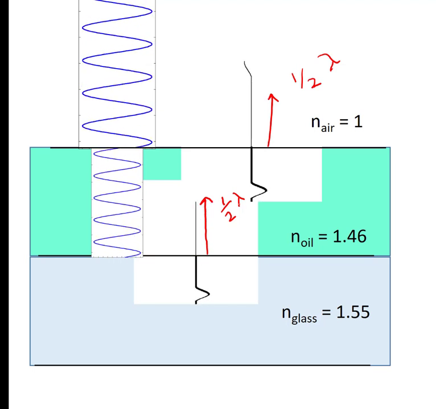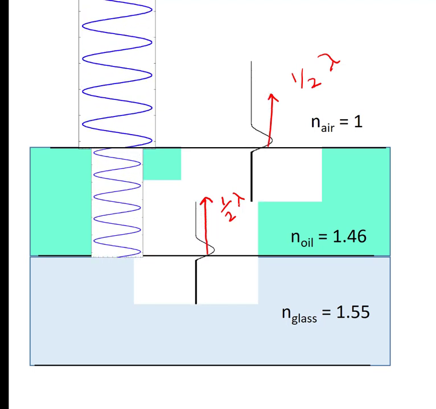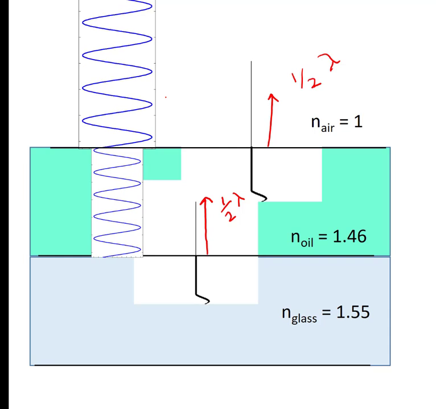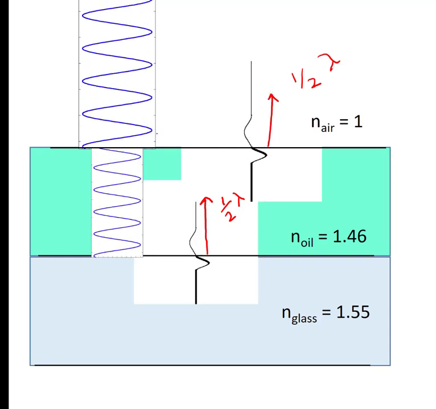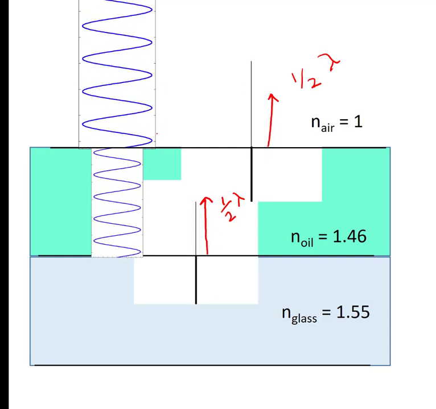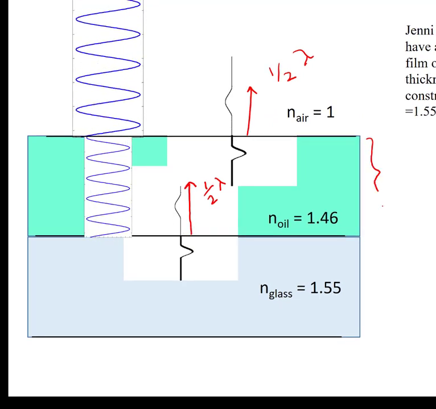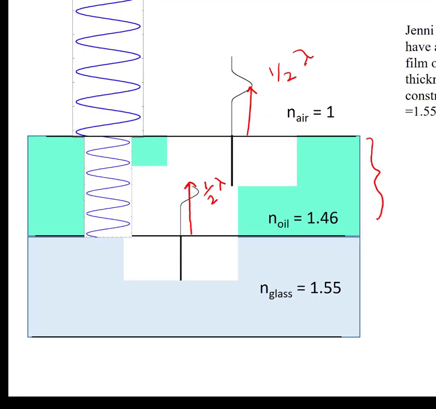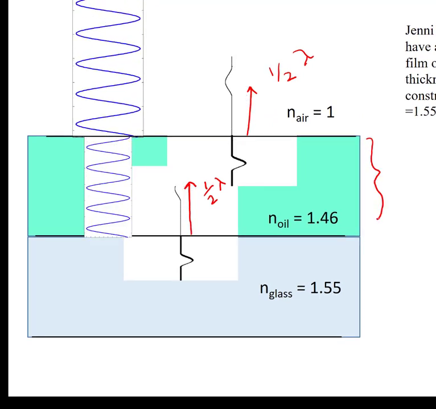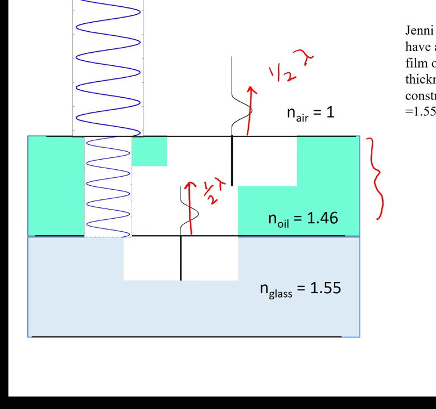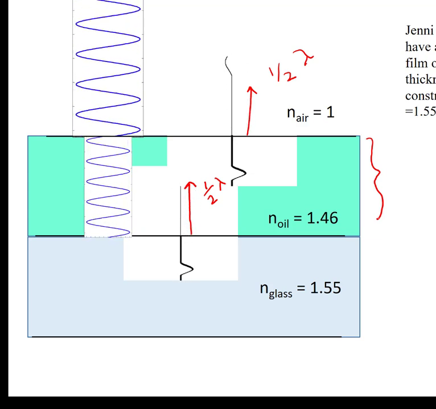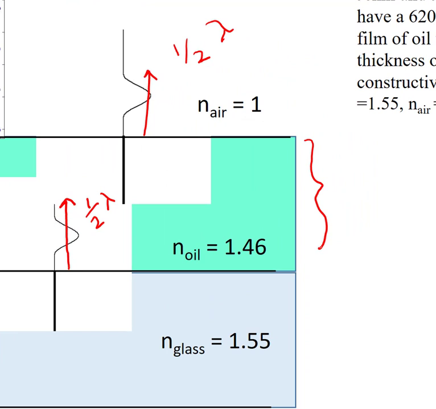So if that were the only factor, the reflected light would have crest to crest with the incoming light, and there'd be no problem. But there's an actual thickness here of oil. Not very much, it's a thin film, but there is a thickness there, and that covers a distance, and it takes time to travel through that distance.